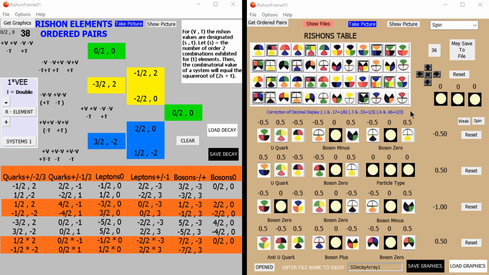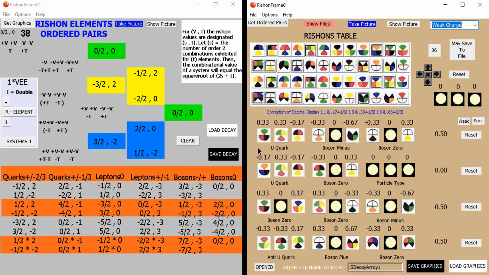So now let's take a look at the weak charge. And so on the generic U quark as well as the S quark, we had a left-handed spin. And according to the standard model, if a particle is left-handed, then it must carry a weak charge.